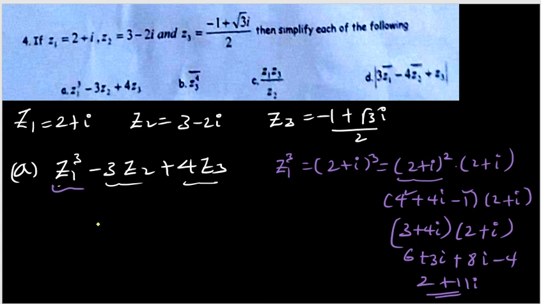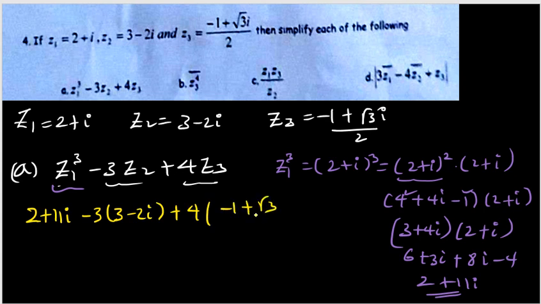So let's write it now. When you connect it, 2 plus 11i minus 3 times what is Z2, 3 minus 2i, plus again 4 times, in bracket, negative 1 plus radical 3, the whole over 2. There is i here. So what I can do here, I can simplify by 2.